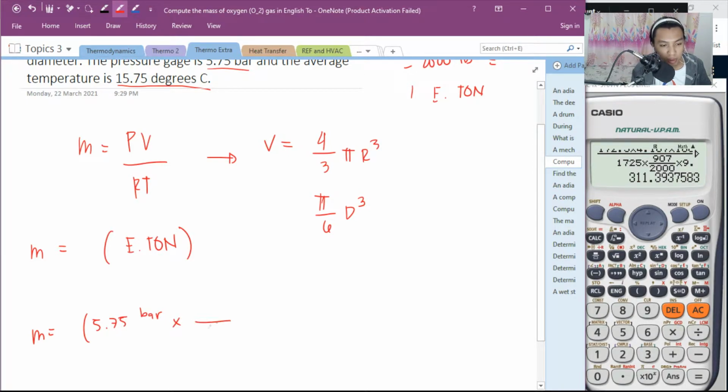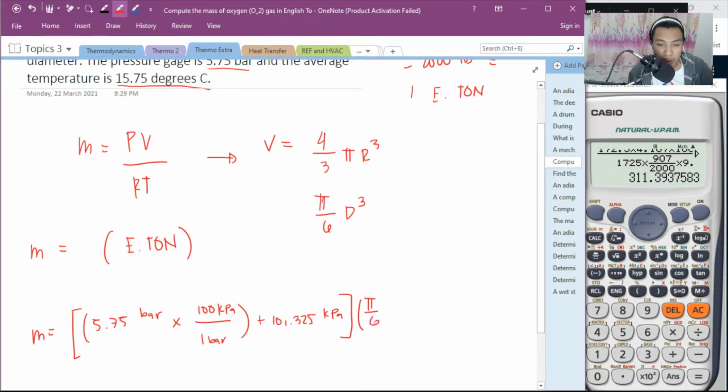Multiply mo na ng 1 bar, 100 kPa. Kaya lang, that is nakalagay pa sa gauge. O di 101.325 kPa para maging absolute.